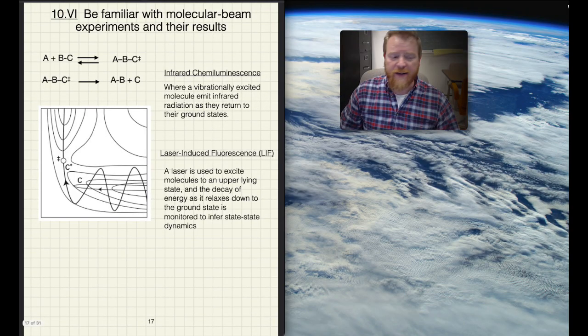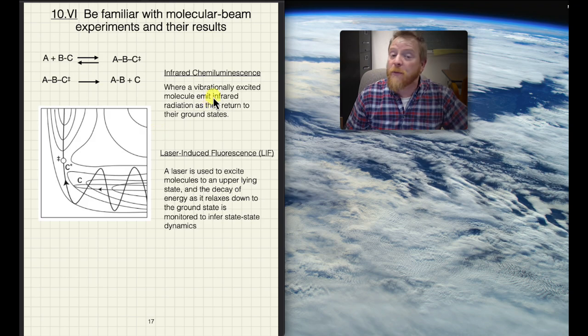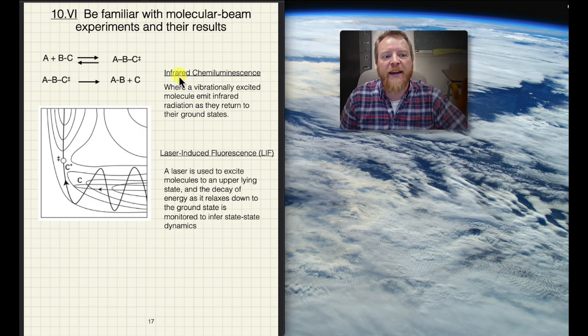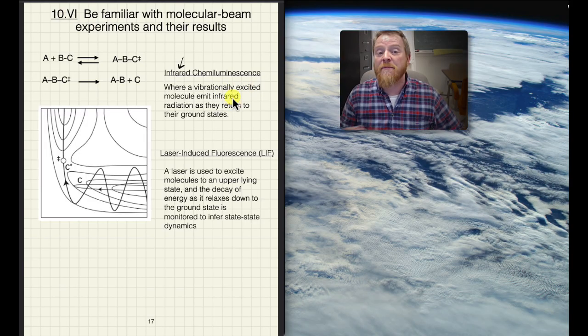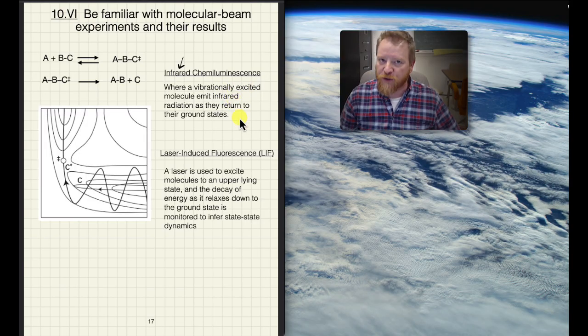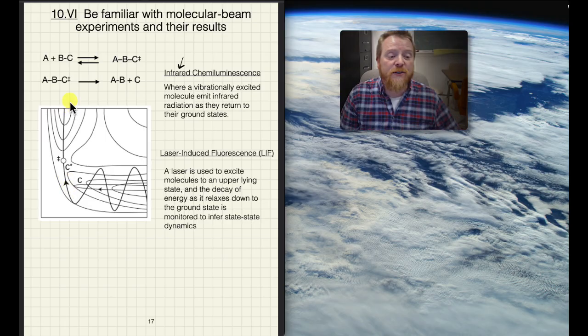And the last thing I'll end at is another possibility, which would be chemiluminescence. And specifically here, we'll talk about infrared chemiluminescence, where a vibrationally excited molecule emits infrared radiation as it returns to the ground state. So again, when we imagine now a molecule entering this potential energy surface with this vibrational excess energy, if it goes into the transition state and then leaves the transition state in its ground state, some of that energy has to go somewhere.